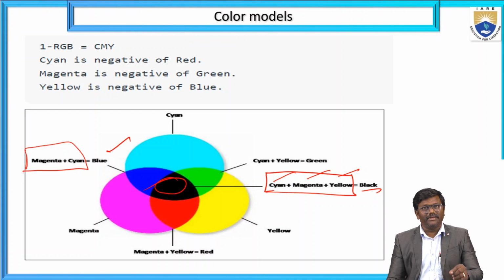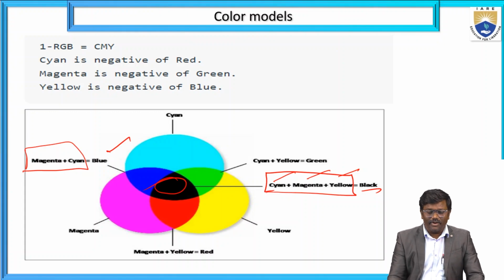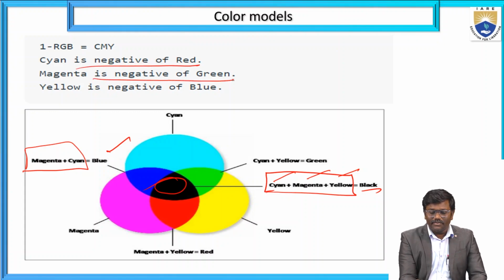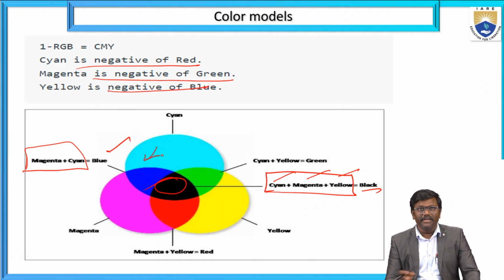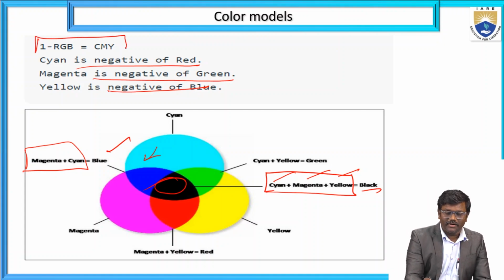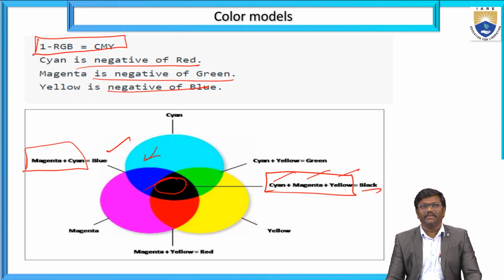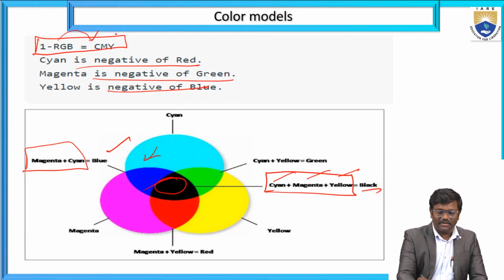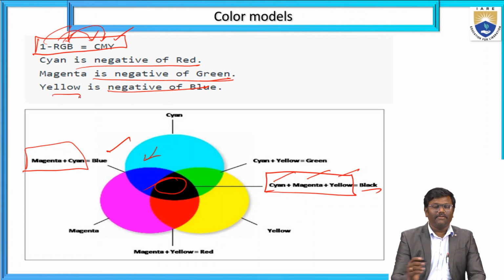That is, cyan is the negative of red, magenta is the negative of green, yellow is the negative of blue. What is this negative of red, negative of green? We understand it from a simple formula, 1 minus RGB. 1 minus R is equal to C. 1 minus G is equal to M, that is magenta. 1 minus B is equal to Y, that is your yellow.